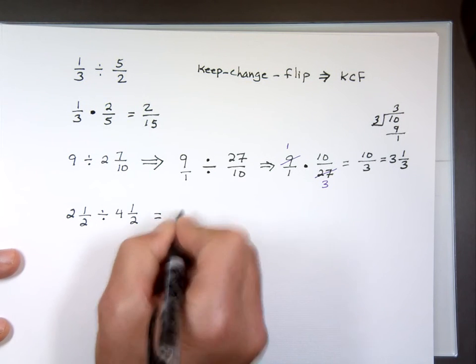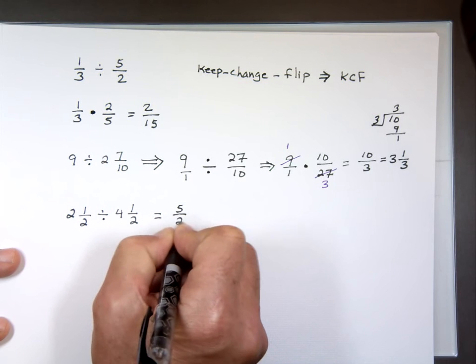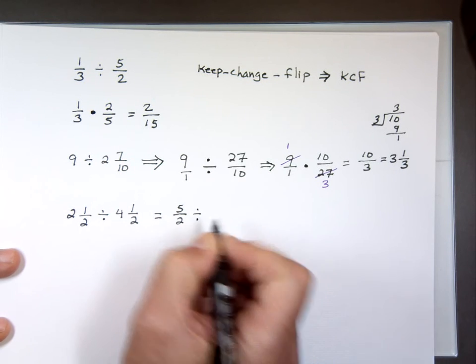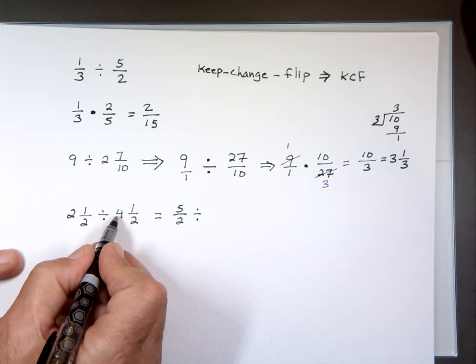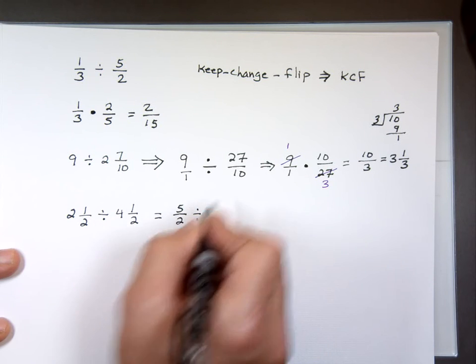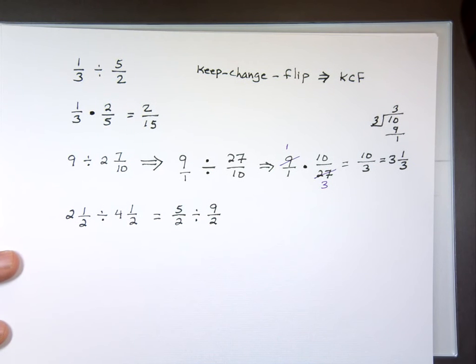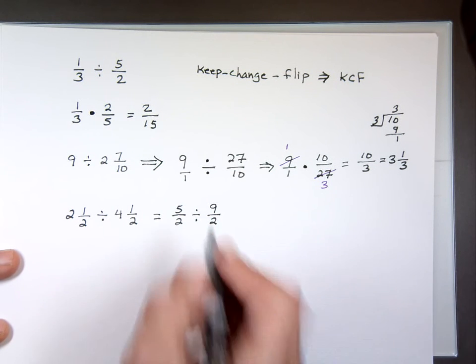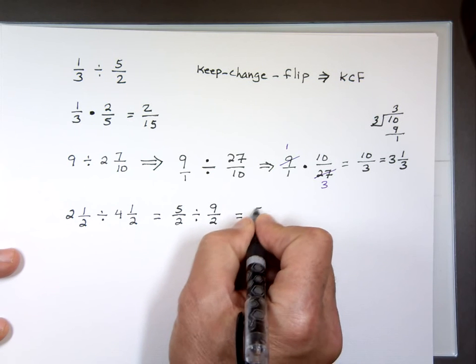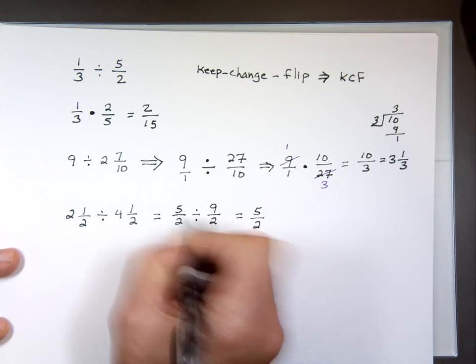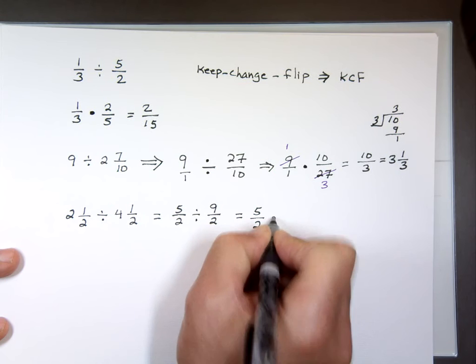That's 5 over 2 divided by 2 times 4? 8 and 1? 9 over 2. Now let's keep, change, and flip. Keep, that's 5 over 2. Change the division to multiplication, flip the second one.